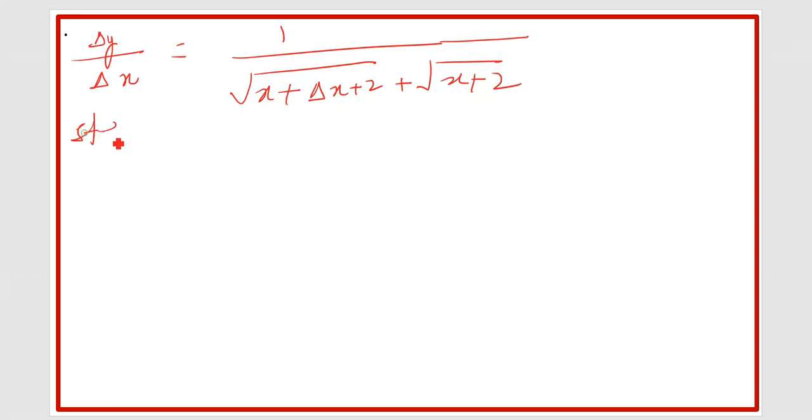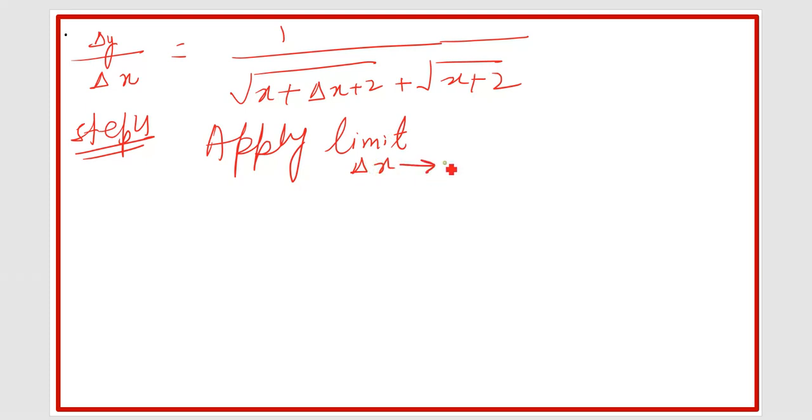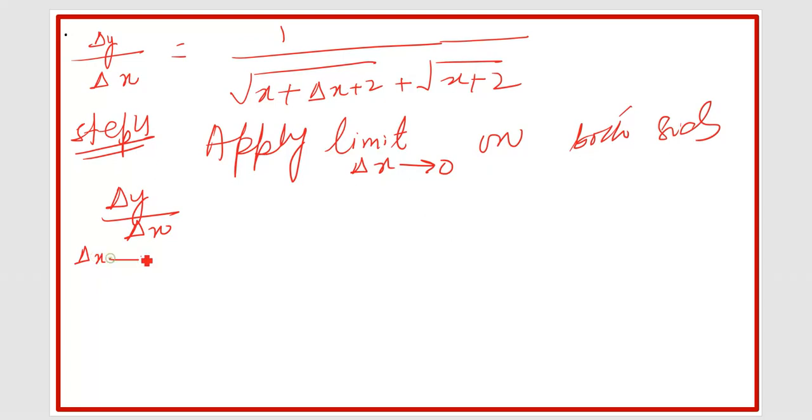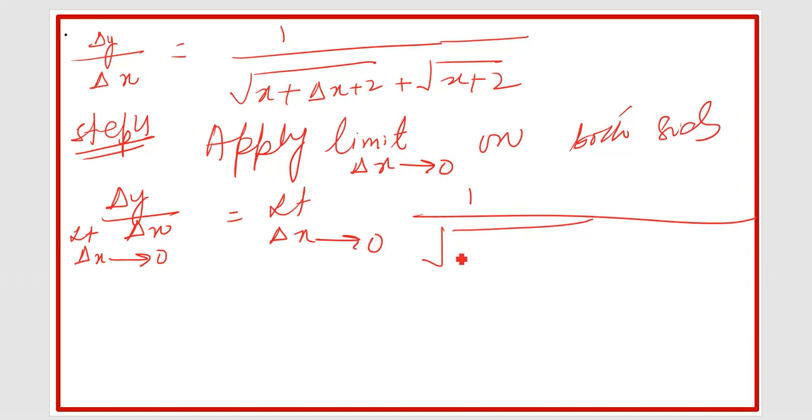Now we will start step number 4, and in step number 4, what you have to do is apply the limit delta x tends to 0 on both sides. Right, so delta y over delta x, and here delta x tends to 0, this is our limit, which is equal to the limit delta x tends to 0 of 1 divided by square root of x plus delta x plus 2 plus square root of x plus 2.